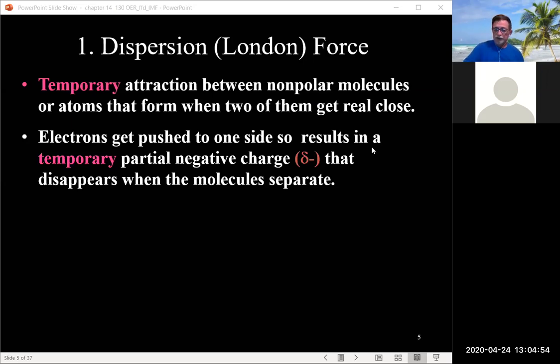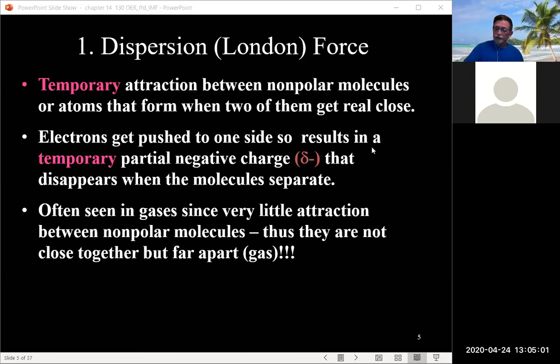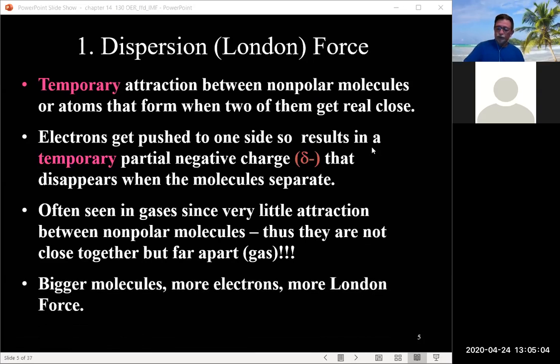Electrons are pushed to one side, thus temporarily creating a partial negative and a partial positive area. Okay. But let me give you some examples in a second. The bigger the nonpolar compound is, the more electrons it has, obviously, thus the more London force. So if we compare the London force of, say, fluorine versus bromine, the London force for bromine will be much greater simply because bromine is a much bigger element.